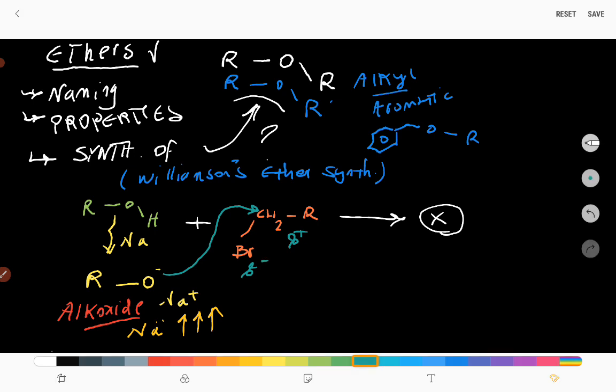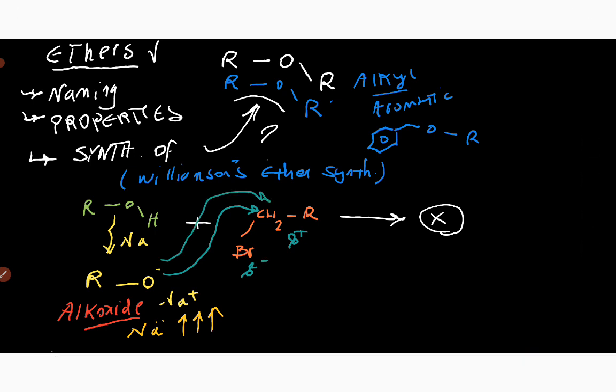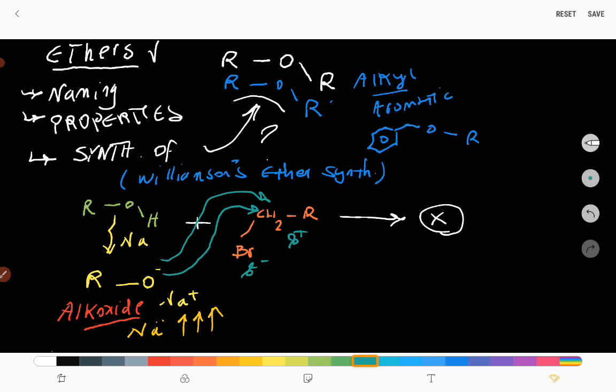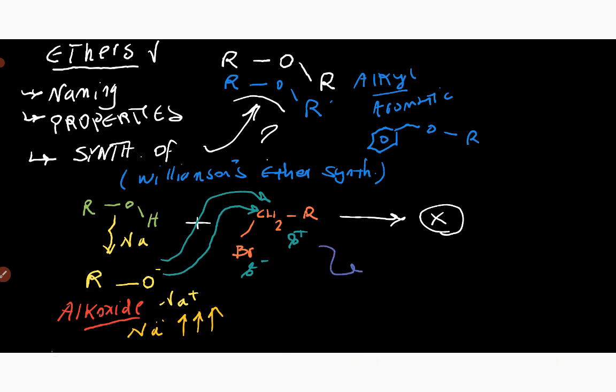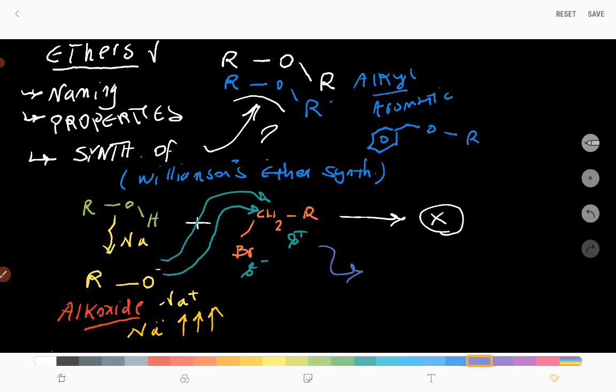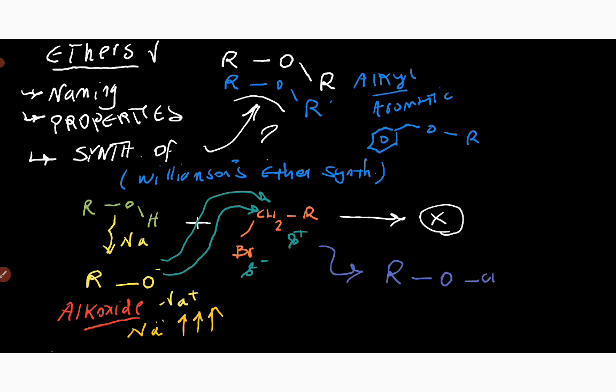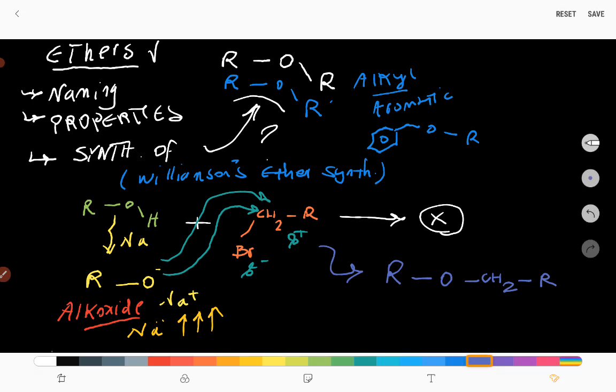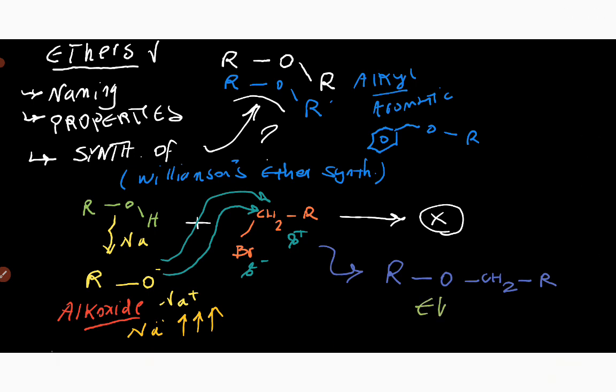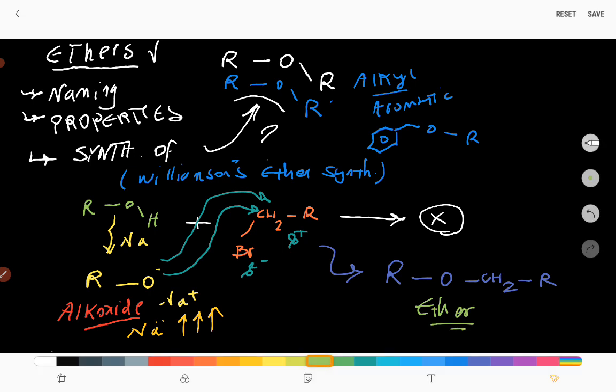The alkoxide attacks this carbon, and you have the result of the reaction, ROCH2R. So now you have an ether molecule, and this is called the Williamson ether synthesis.